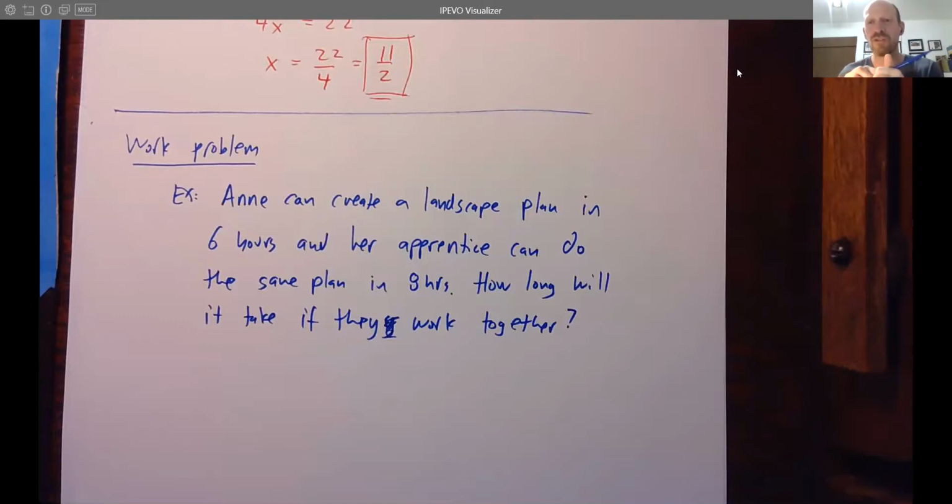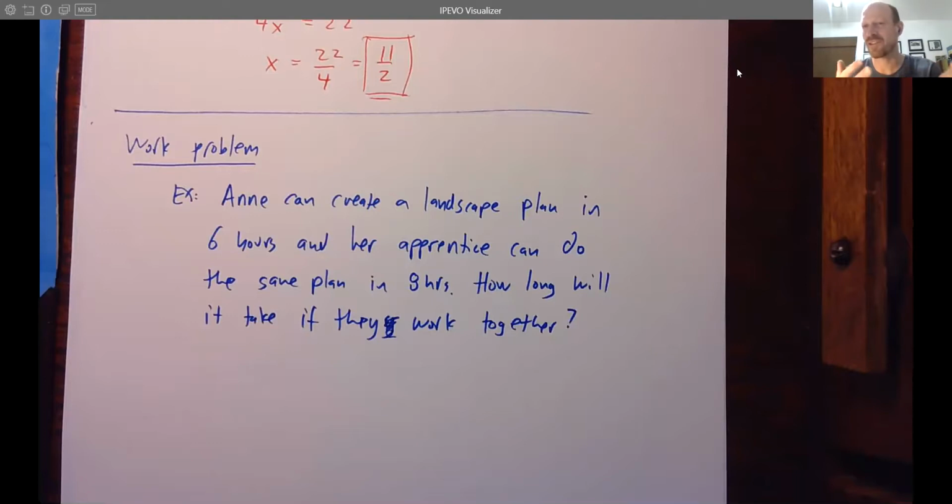And if it was two apprentices working together, then that should take them 8 hours, right? Or sorry, 4 hours, because each of them would again work exactly the same speed and get exactly half of it done. So the time that Anne and her apprentice take should be somewhere between 3 and 4 hours. But they're working the same amount of time.